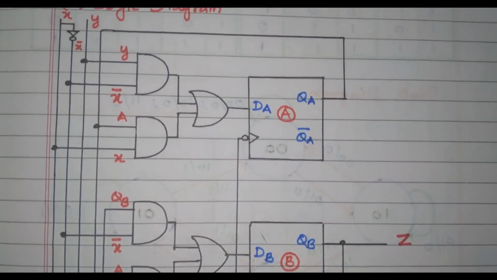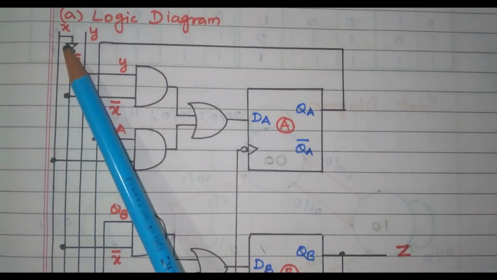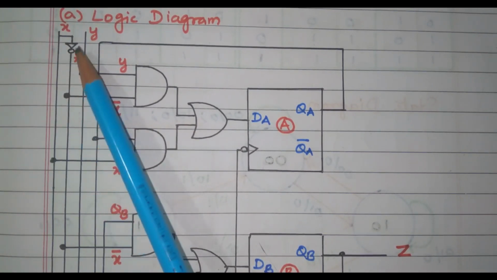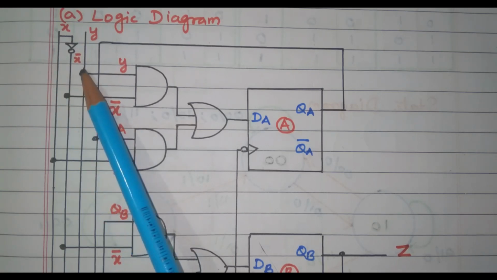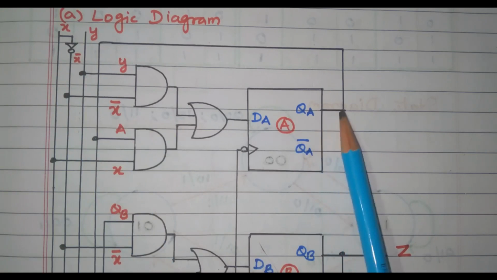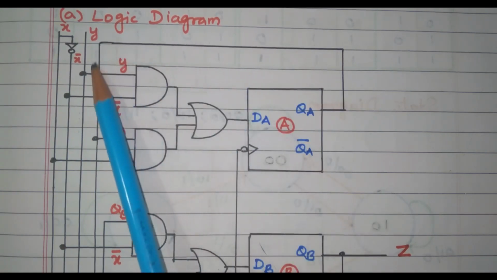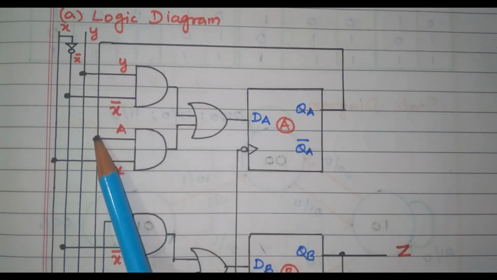First, we will see the first flip-flop. So, this is the x available. With a NOT gate, we have x bar also available. This is y available. X bar, y is available. This QA is also taken as one of the inputs, this line indicates QA.